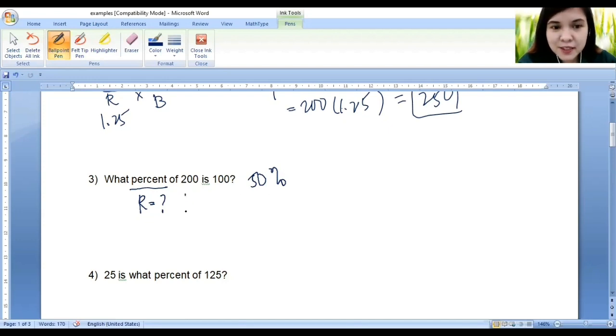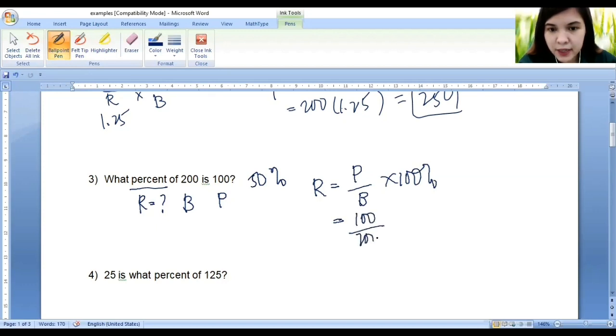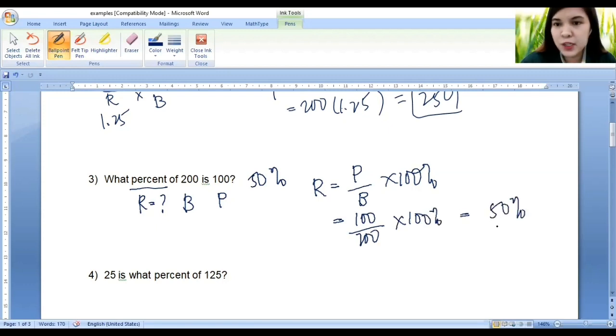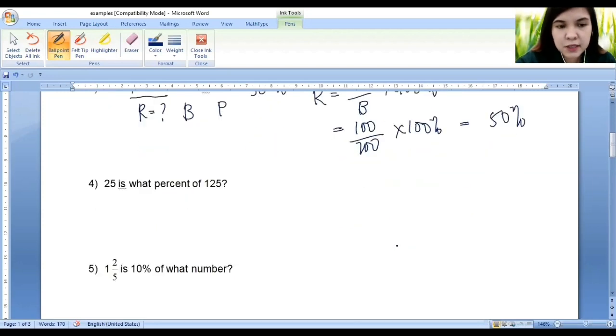So, this 200 is our base and this 100 is our percentage, part of a whole. Using the formula for the rate, that is equal to P divided by B times 100%. Then substitution, P is equal to 100 divided by base of 200 times 100%. So, the answer now is 50% using your calculator.